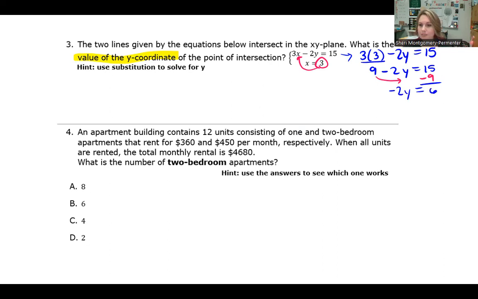And then I have one last step. I'm multiplying by -2, so I need to divide by -2. What is 6 divided by -2? What do we get? -3. Very good.